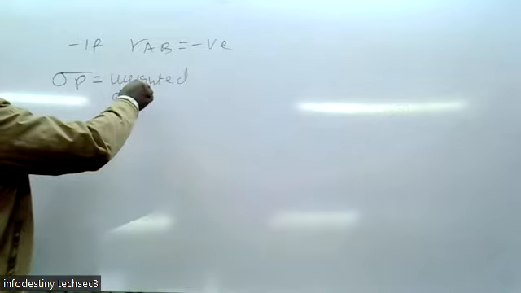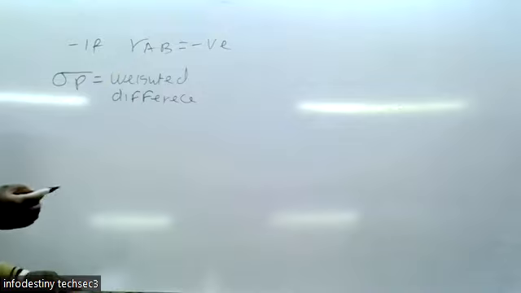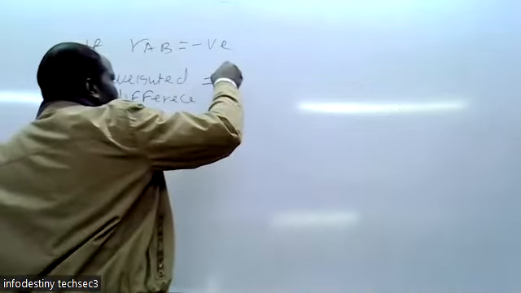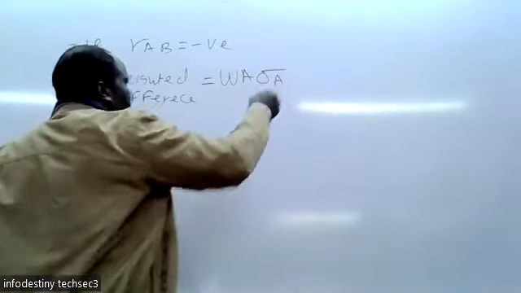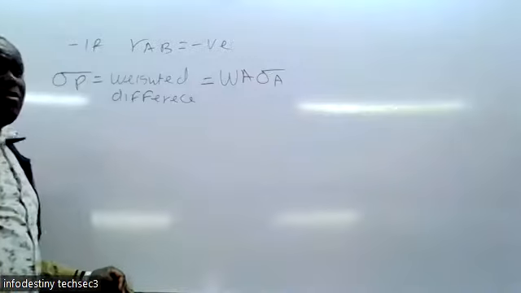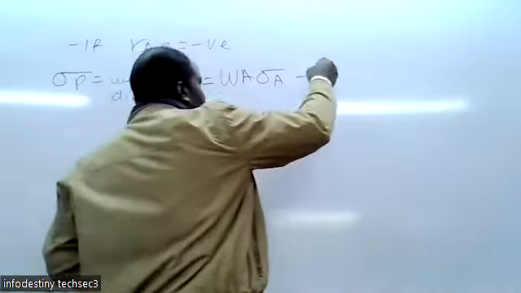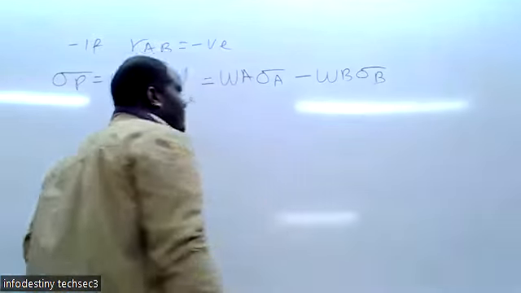This time it is not the weighted average, but the weighted difference, whereby you take the weight of A multiplied by the standard deviation of A. But now you subtract the weight of B times the standard deviation of B.